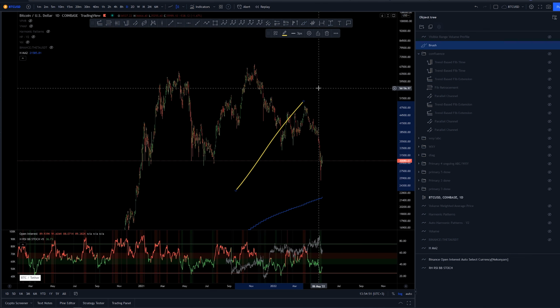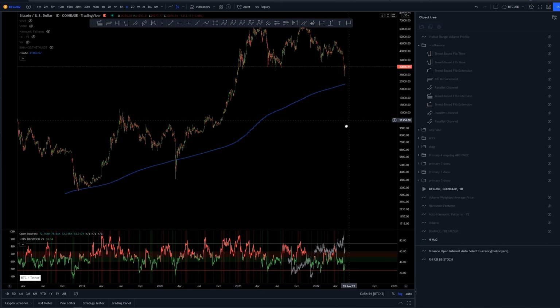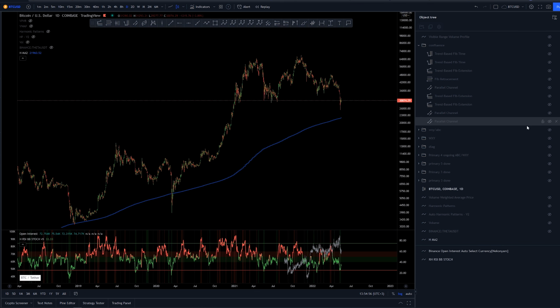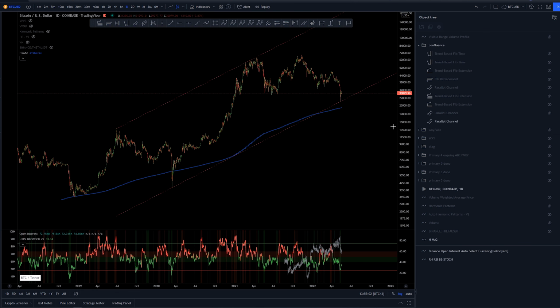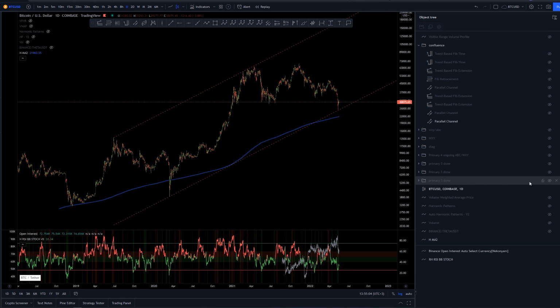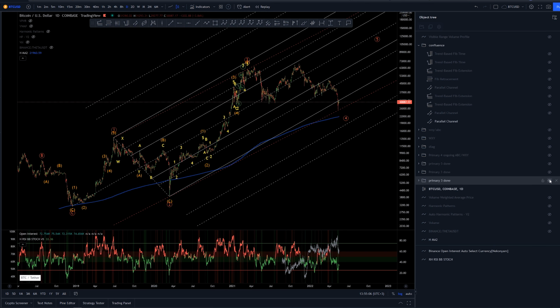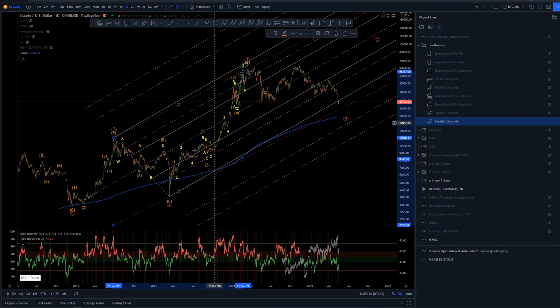Whether it's done or not yet, let's look into that in just a moment. Before that though, let's take a look at higher time frame and find some confluence around this 200 weekly simple moving average. Currently again the basic channel here can be seen for this count, placing the pivot points for the wave 1 and 3 and bringing it down to 2.